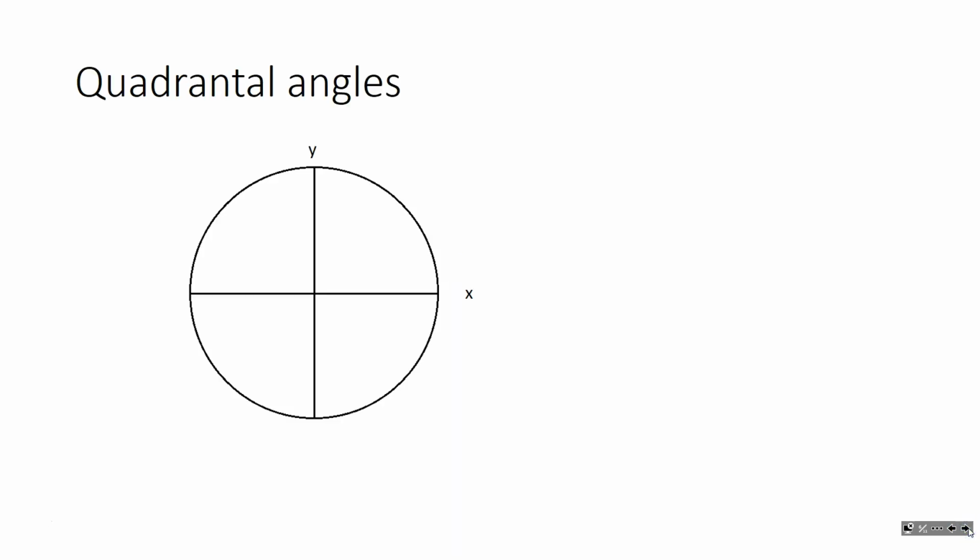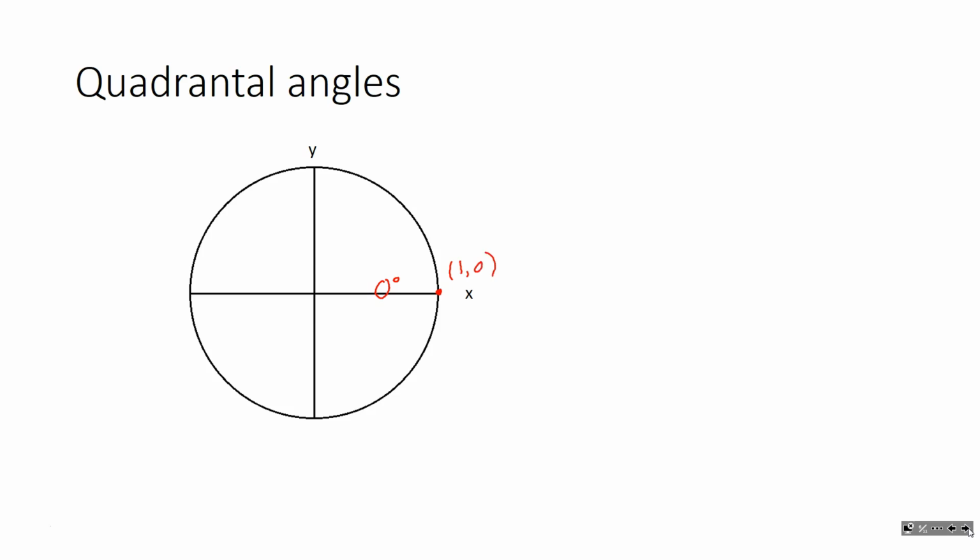First of all, what are known as quadrantal angles. These are simply angles which coincide with your x or your y axes. So for instance, if we had a 0-degree angle, it would essentially be coinciding here with the positive x-axis. Now, if r equals 1, then notice that this point over here, where the x-axis intersects the circle to the right, the coordinates of that point would be (1, 0).